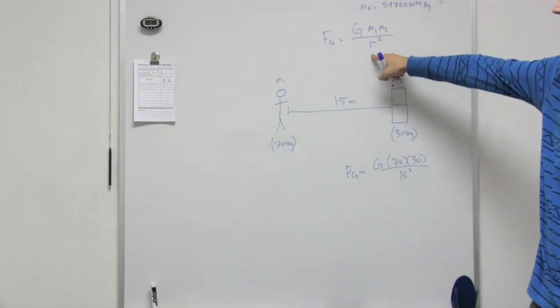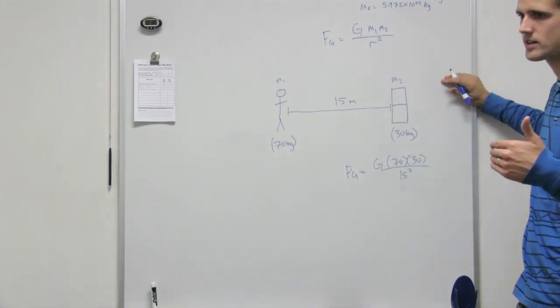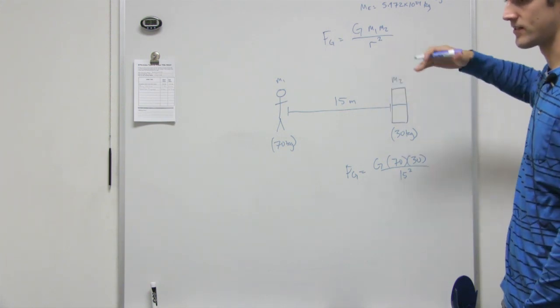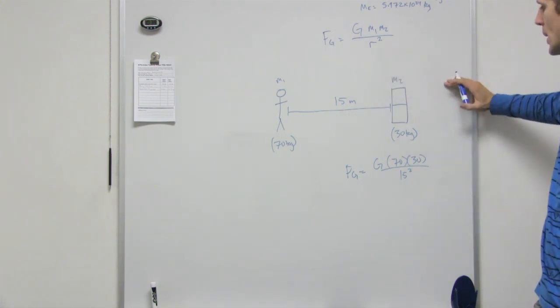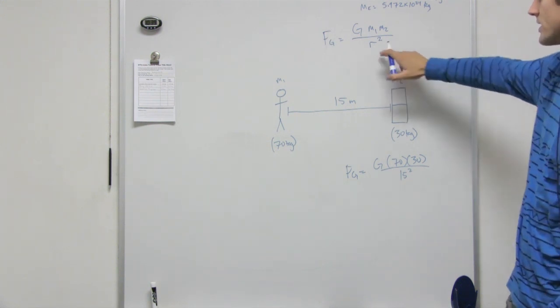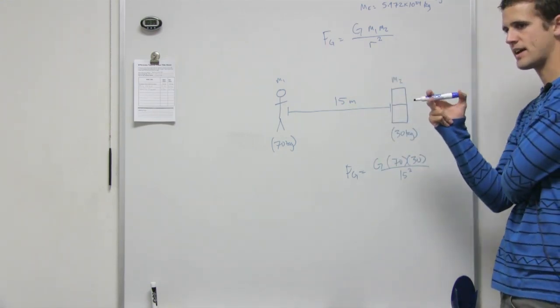Because R squared, they call it radius squared. This would be the radius of the Earth if you're just trying to find it on the surface of the Earth. But it's actually the distance between the two objects squared, like the objects' centers of mass.